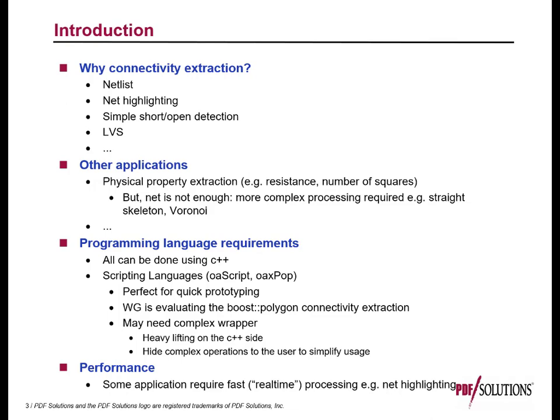So we could elegantly hide these from you and just give you a function which gives you right back the result you want. In terms of performance, as I mentioned, and you will see later a chart, some applications, of course, require super fast, like in my case, the highlighting.